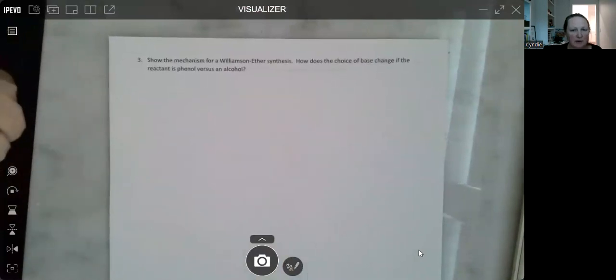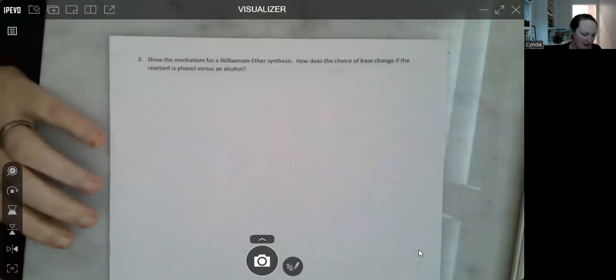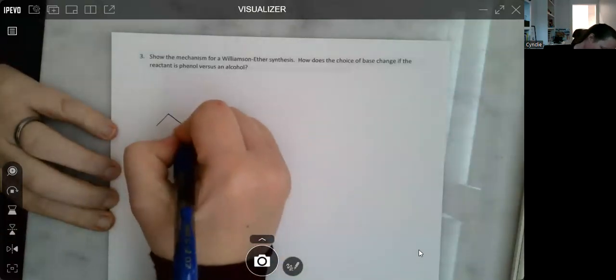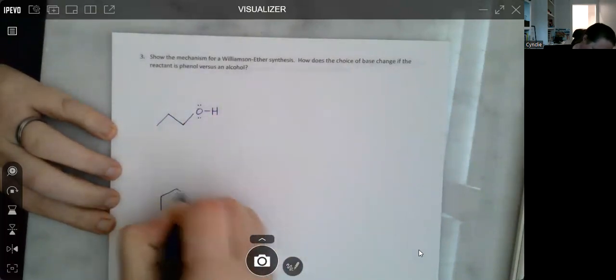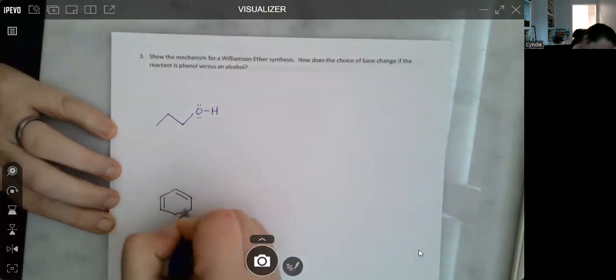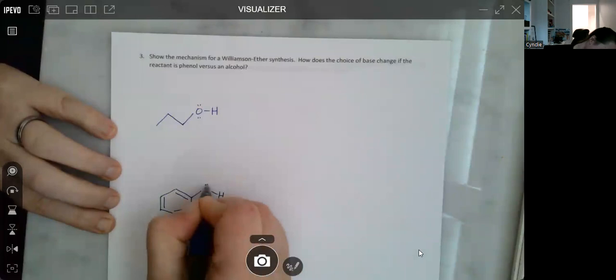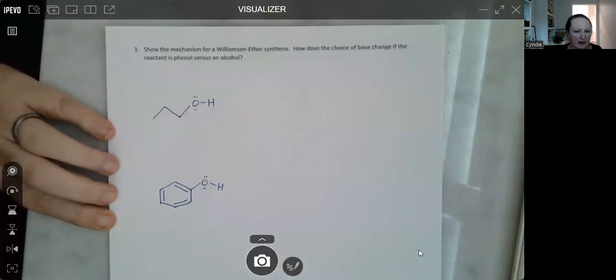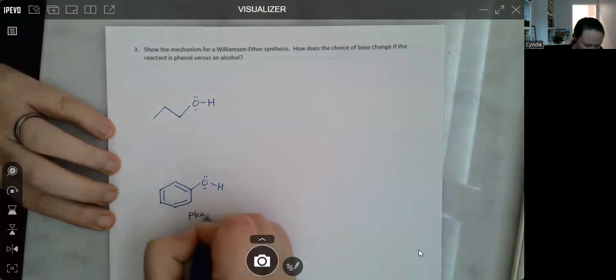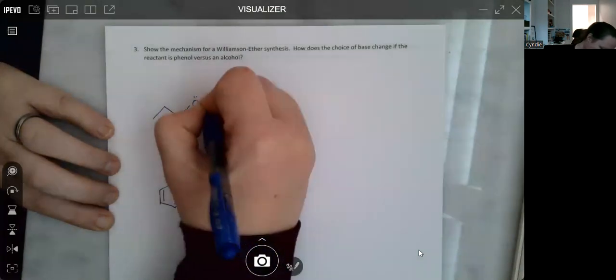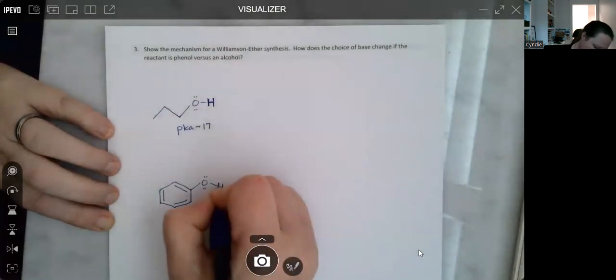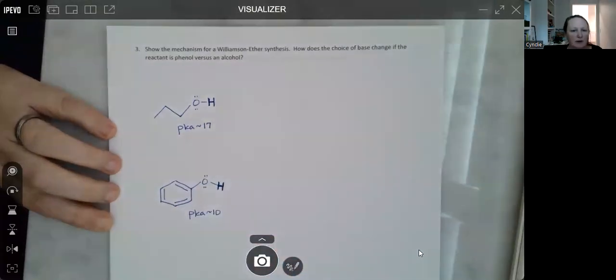Show the mechanism for a Williamson ether synthesis. How does the choice of base change if the reactant is phenol versus an alcohol? So let's look at an alcohol versus phenol. If you recall pKa values, we know that the pKa of a phenol is about 10, and the pKa of most alcohols is about 17, specifically looking at this proton attached to the oxygen.